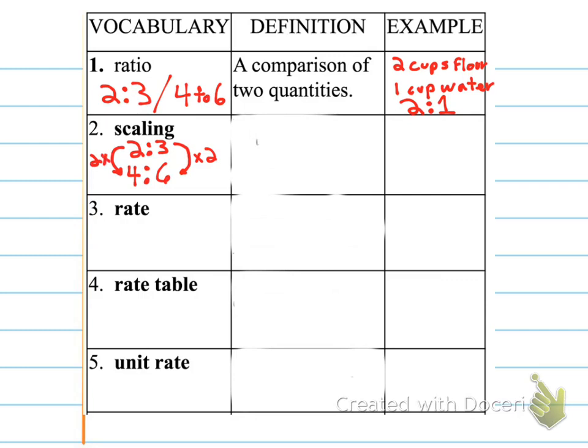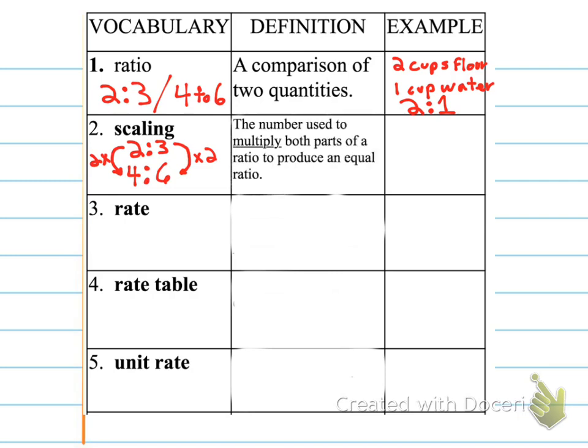And the textbook definition is the number used to multiply both parts of a ratio to produce an equal ratio. A ratio that is equal, it's the same ratio, it's just double the size or triple the size. Okay?